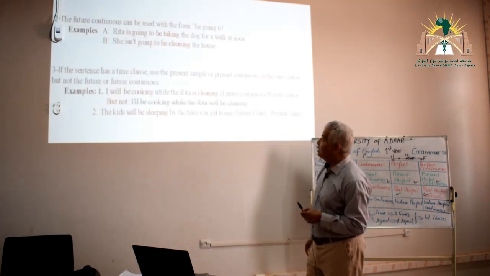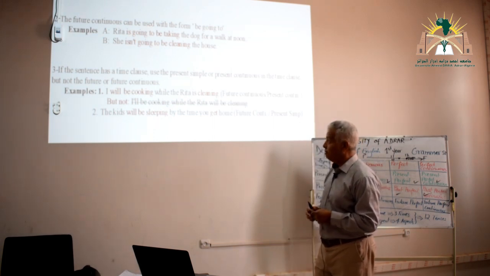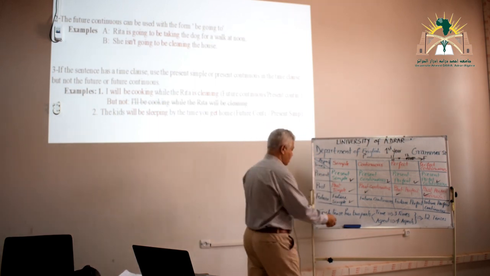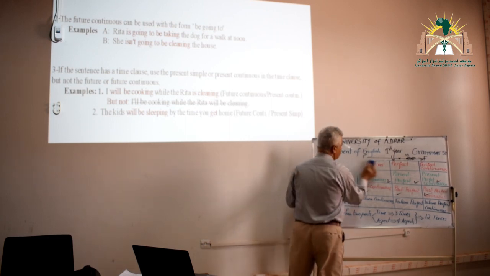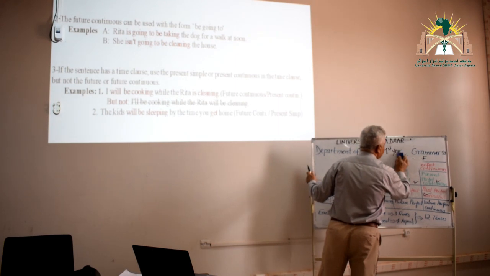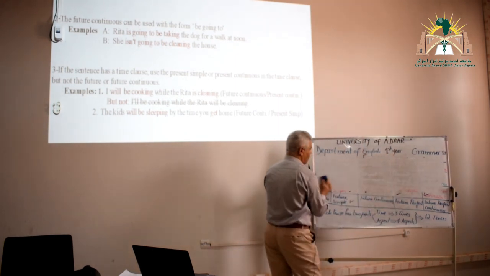The second point, the future continuous can be used with the form be going to. What does this mean? We just substitute or remove will and put be going to instead, and we get a new form of the future.